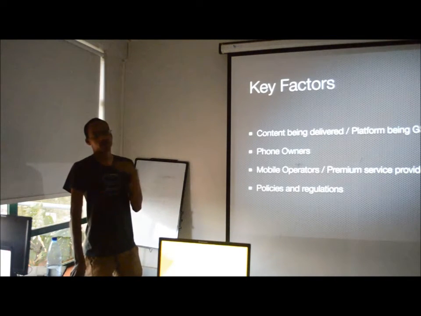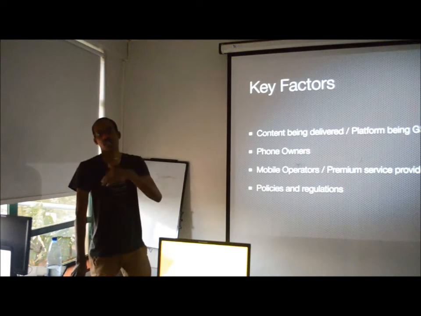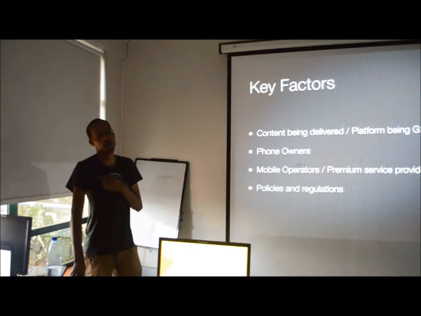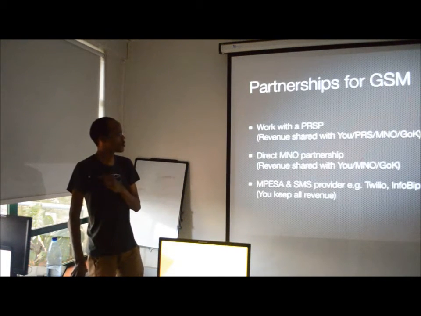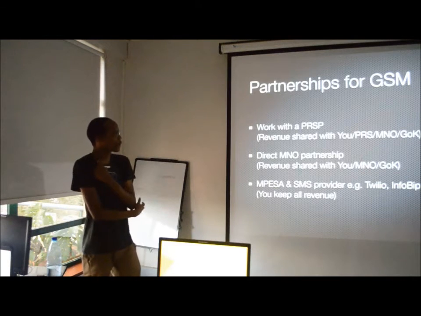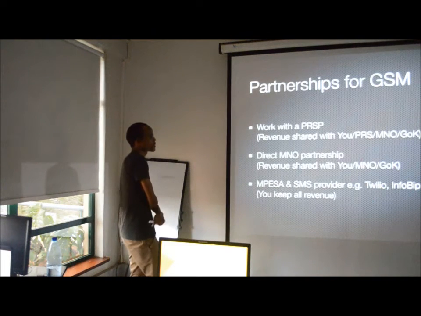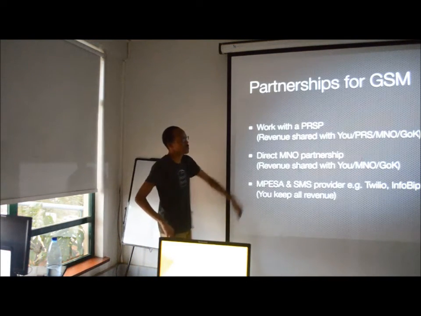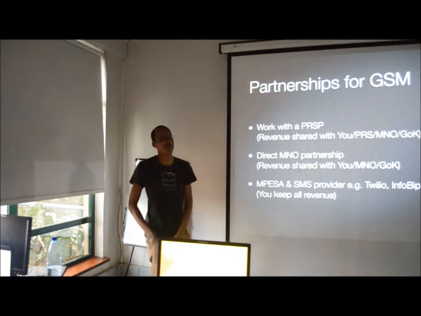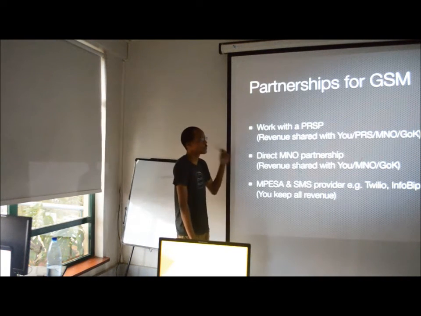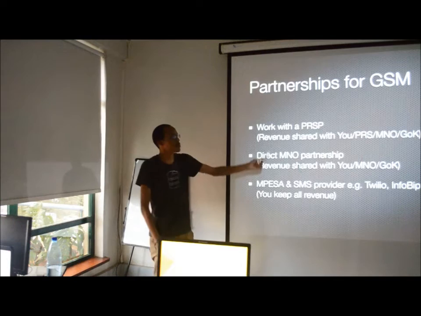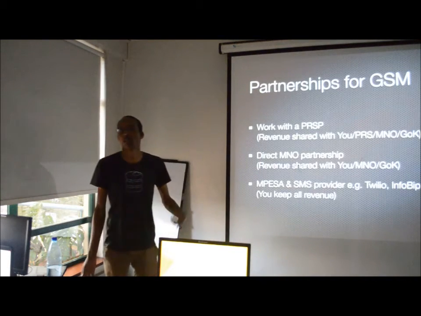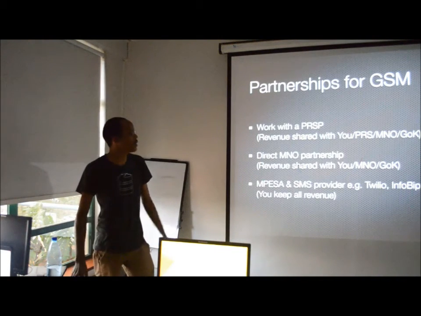some policies, like you have to make sure people adhere to your service before they join it. Otherwise you get into complicated situations. We talked about the different types of partnerships, working with the PRSP. You could either have a non-revenue share shortcode, which you probably don't because you want to make money. So you could revenue share with you, the PRS, the mobile operator and the government of Kenya.